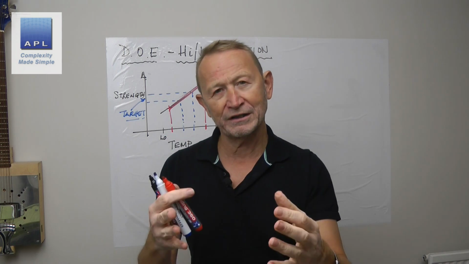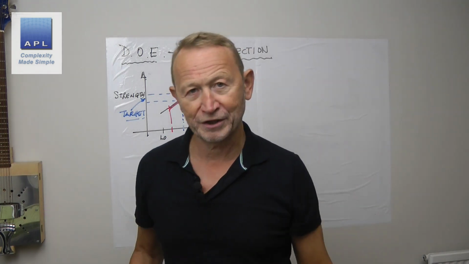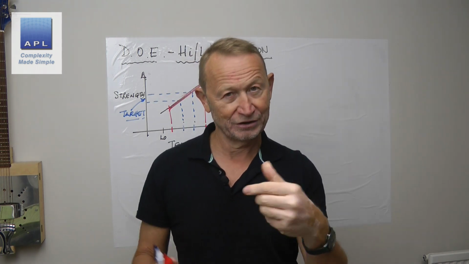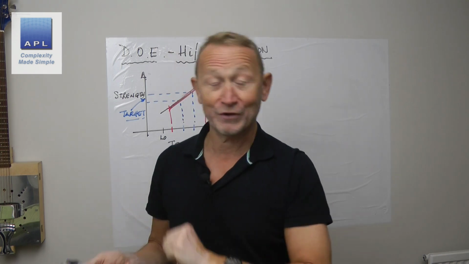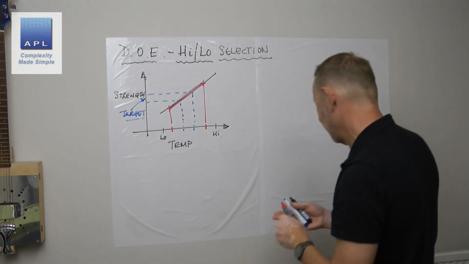So with high and low settings, typically you want to get out nice and wide. But there is potentially a problem with that, so we have to temper it with other advice. It's this problem right here.